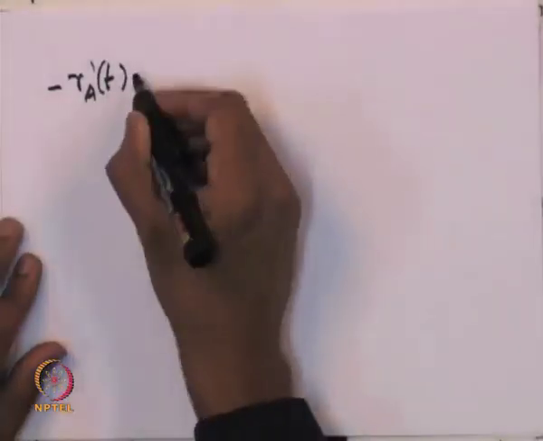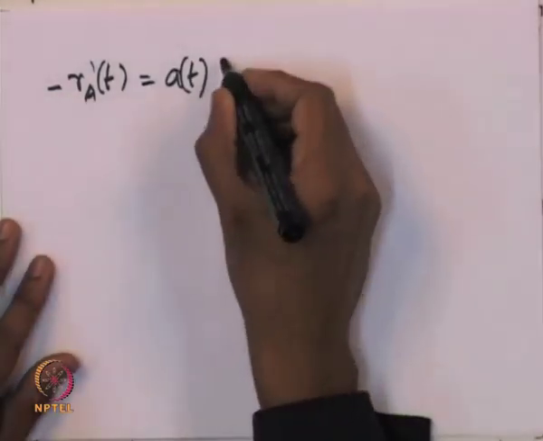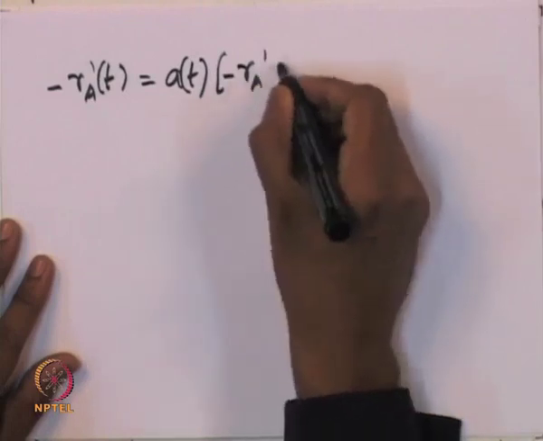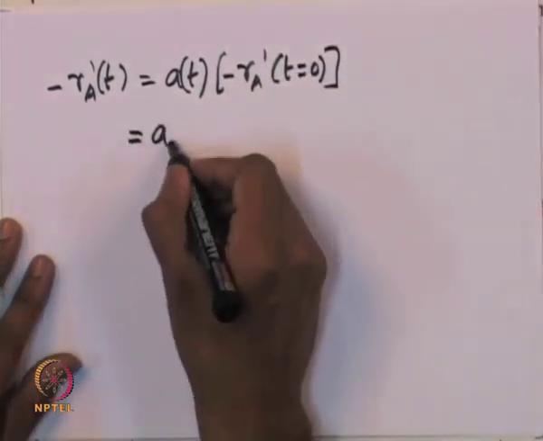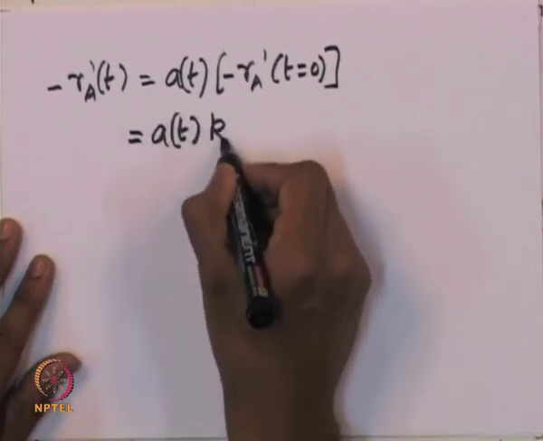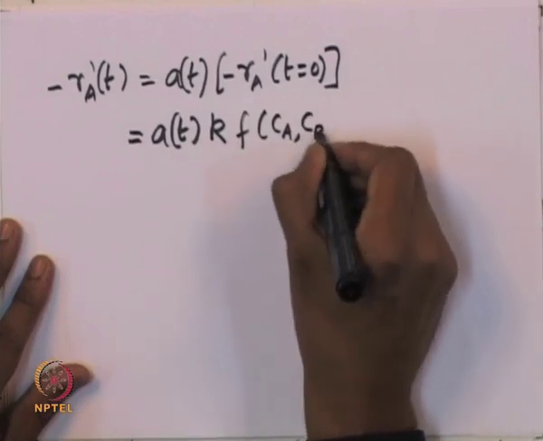Now, the rate of the reaction can be written as -r_A' equal to the activity of the catalyst, a, multiplied by the rate of the reaction at time t = 0. Therefore, it can be written as a(t) times the rate constant k multiplied by some function of the concentrations C_A, C_B, etc.